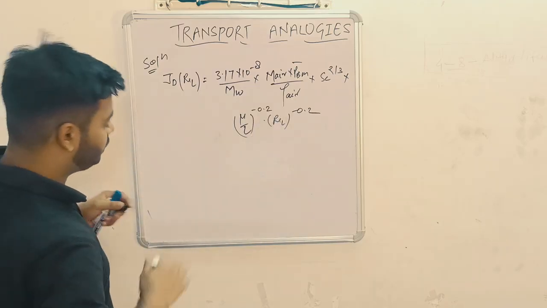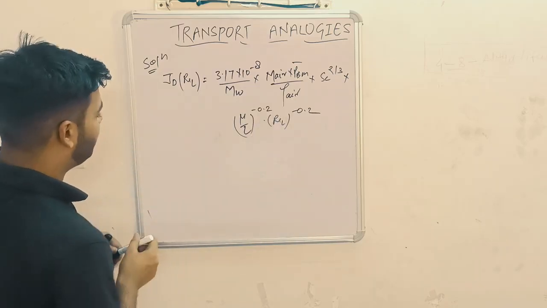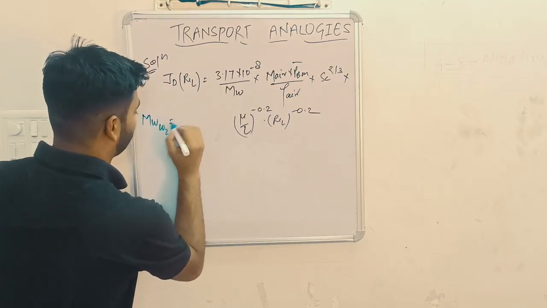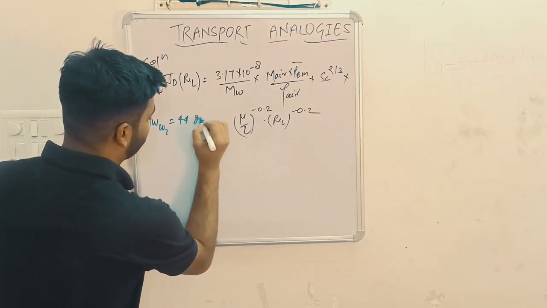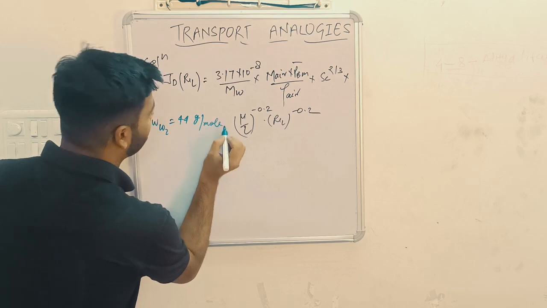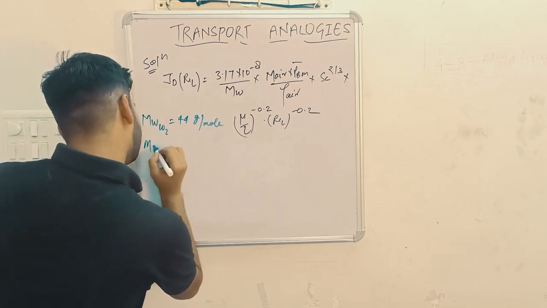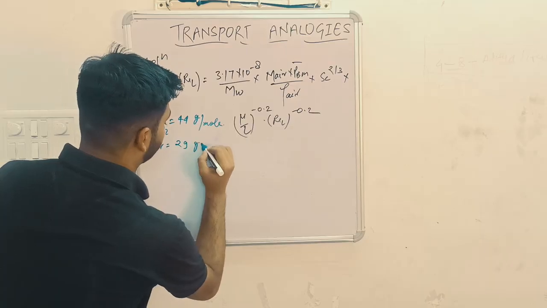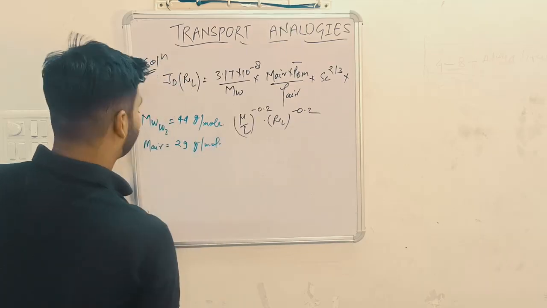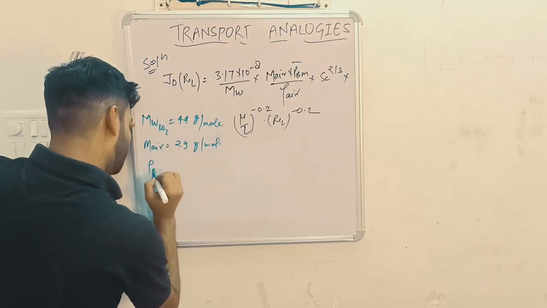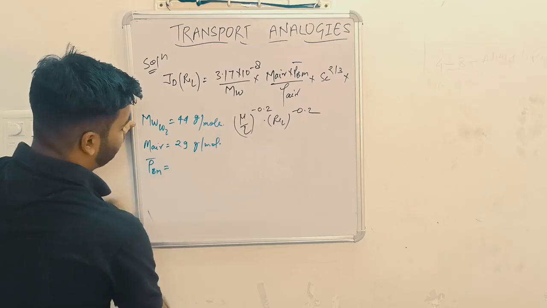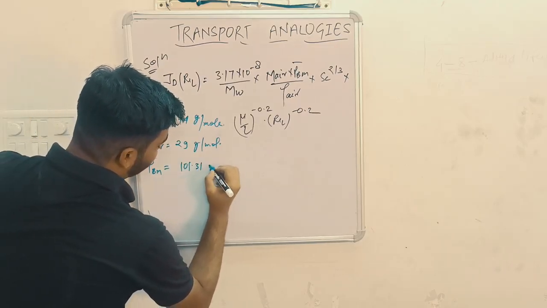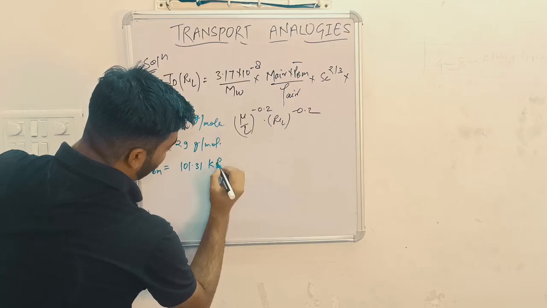So substituting all the values, we have molar weight of CO2 44 gram per mole, m air equal to 29 gram per mole, ppm is 1 atm, which is 101.31 kilopascal.